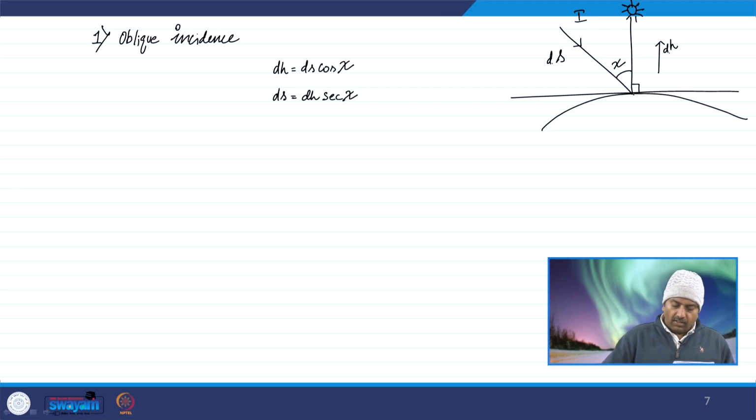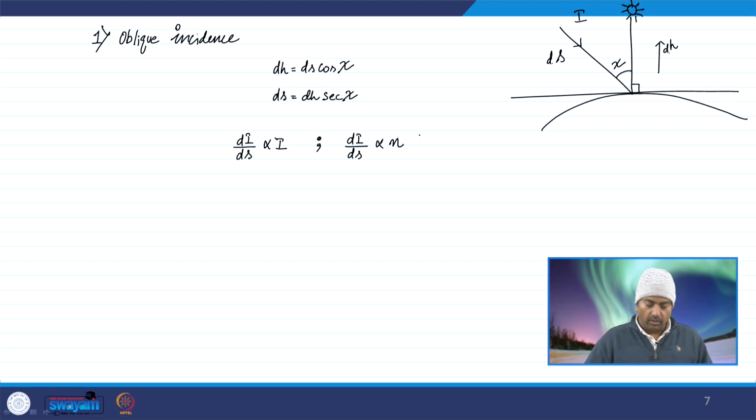The rate at which the intensity decreases as it travels along the path s, dI over ds, is proportional to the initial intensity I. The rate at which intensity decreases along the path s is also proportional to the number density, the number of atoms or molecules per unit volume.